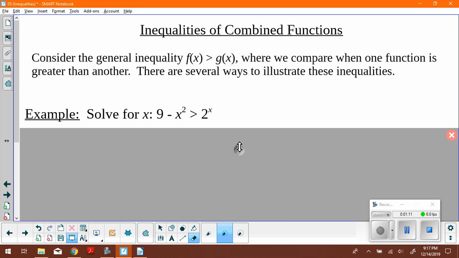For example, 9 minus x squared is greater than 2 to the power of x. We're going to do this with technology, so you should have Desmos handy on your own device, or you can grab an iPad from the cart at the back of the classroom and use the Desmos app.